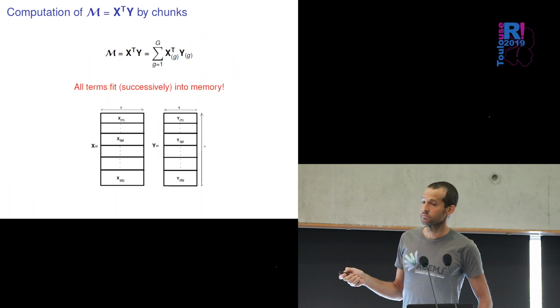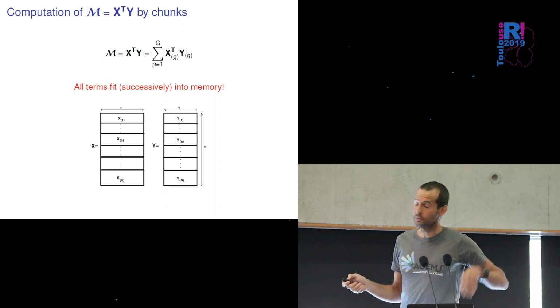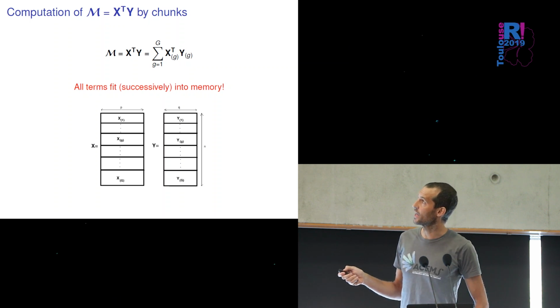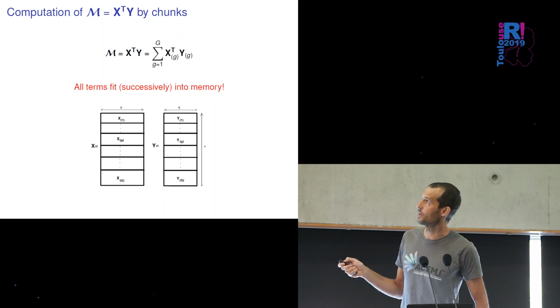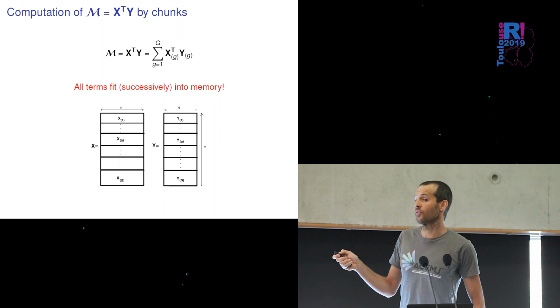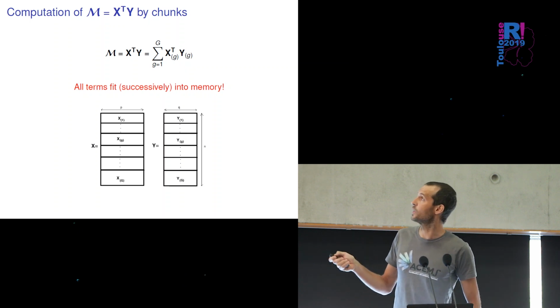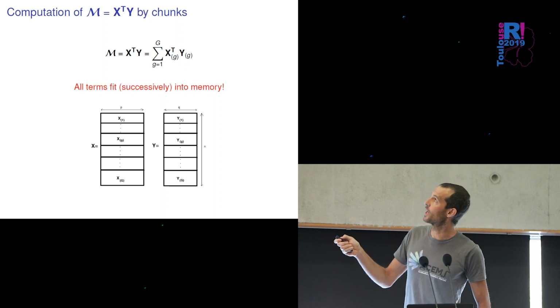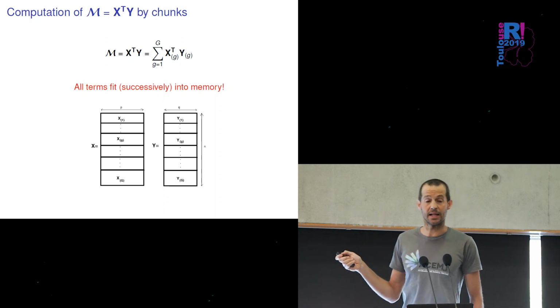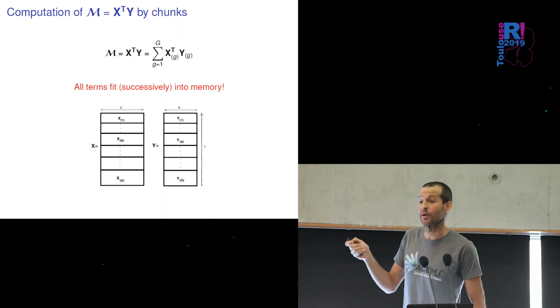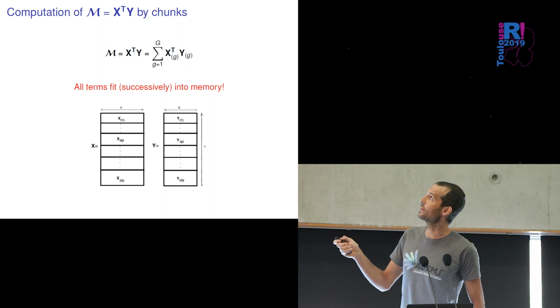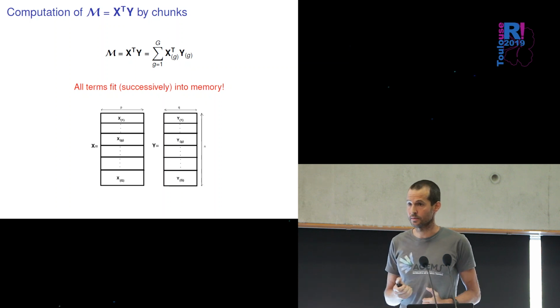You do some chunks, groups of rows, and you can compute the first chunk of x transposed, multiplied by y1, and so on, and add all of this. And this is an equality. So x transpose y is difficult to compute on your laptop, but if you do chunks, you can compute each chunk separately, by a loop, or by a foreach, or whatever, and you get x transpose y, and after, done.